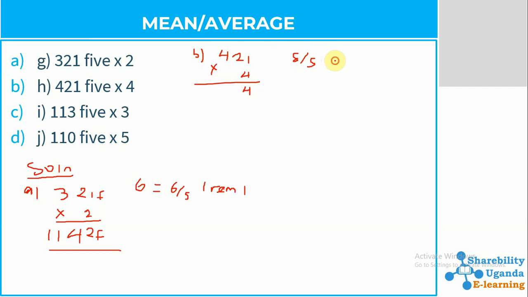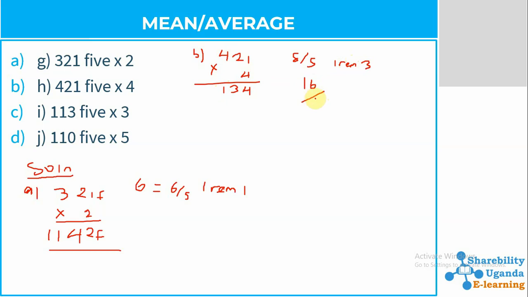We get 1 remainder 3. So we come and write our remainder 3. Then we say 4 times 4, we get 16.